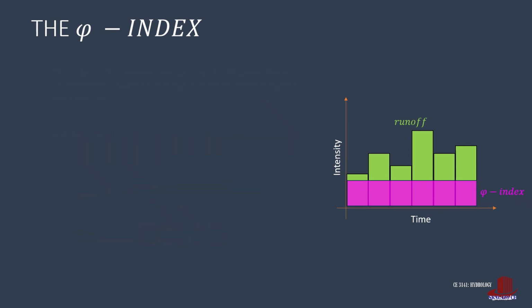Now to correlate the phi index with the runoff. The rainfall volume less the phi index by the duration of the excess rainfall is equal to the total direct runoff.